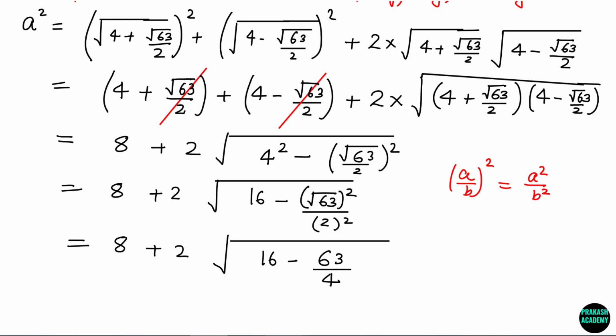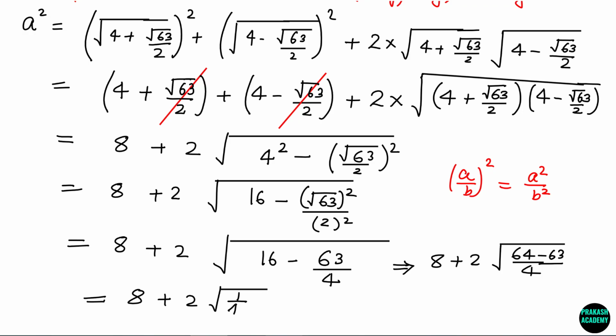Now if you take the LCM, then this will become 4, and 16 times 4 is 64 minus 63. So this becomes 8 plus 2 times the square root of 1 by 4. This means this is 8 plus 2 into 1 by 2, that is 1. So this is 8 plus 1 is equal to 9.